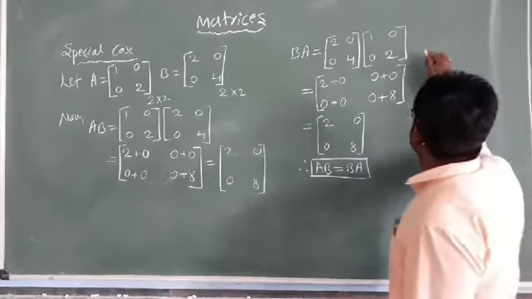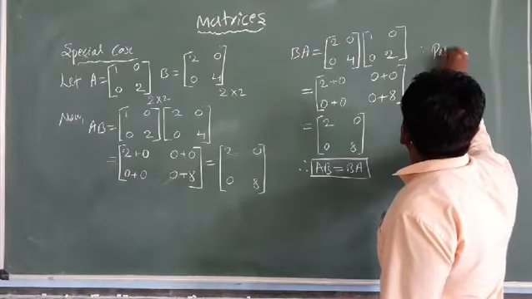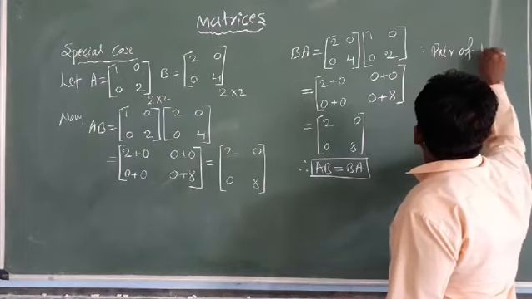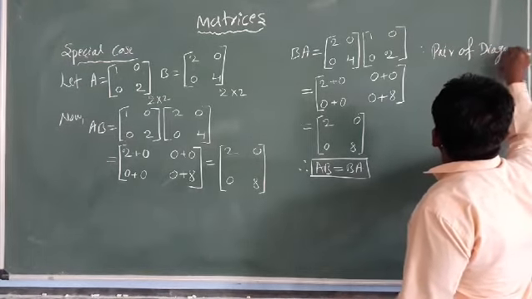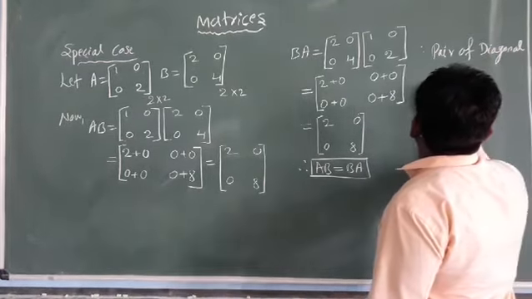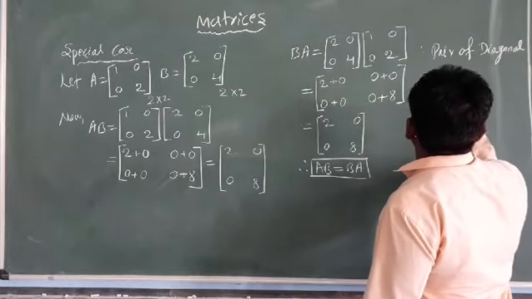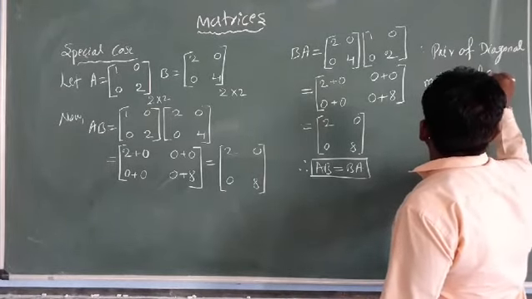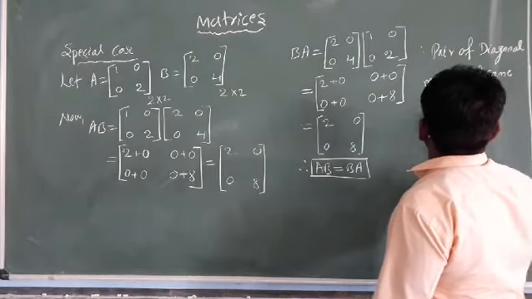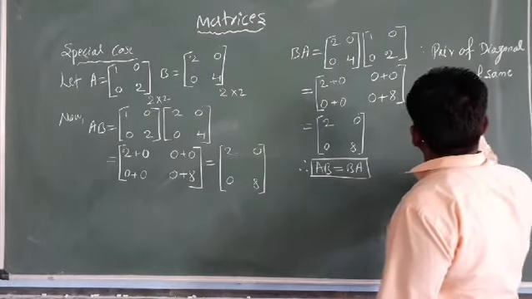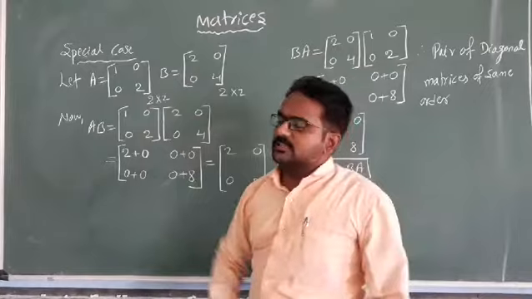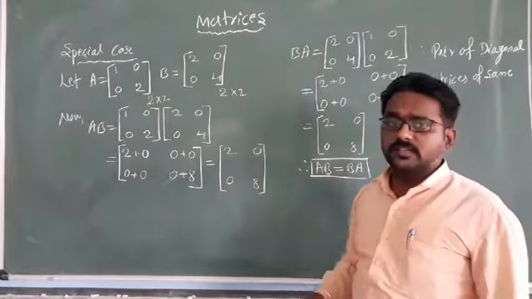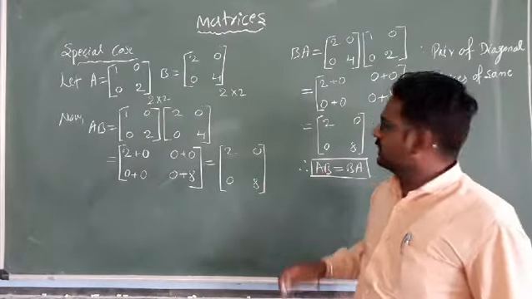Okay, what is the thing here, students? Therefore, a pair of diagonal matrices of the same order, that is the main thing, students. If I consider the matrix A as 2 by 2 and matrix B as 3 by 3, that is not possible.